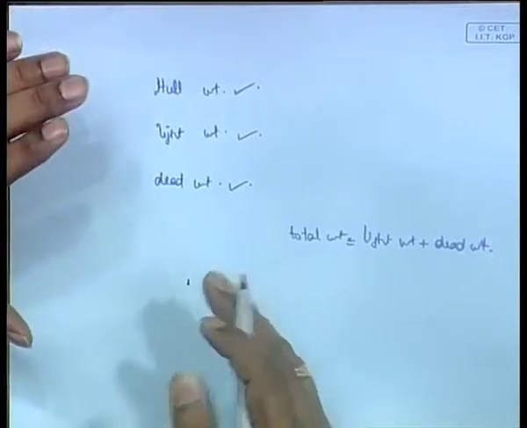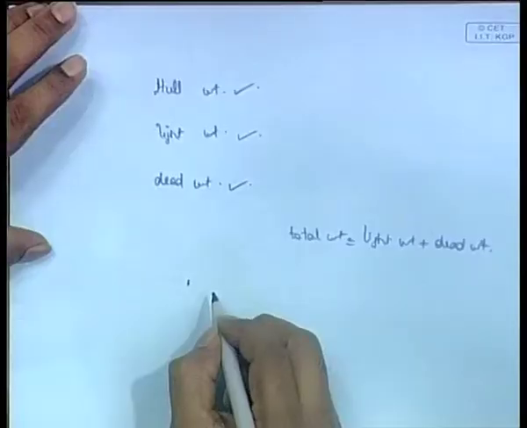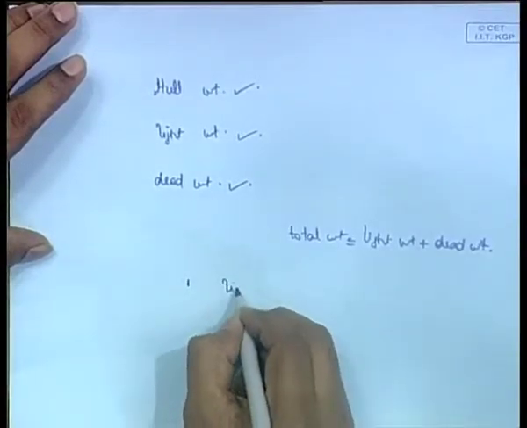For that we are taking a moment, the weight into that KG. We call it two things. If it is for the light ship itself, it is called a light ship moment, and if it is for the weight added, it is called a dead weight moment. So, it becomes light ship moment or the light weight moment.